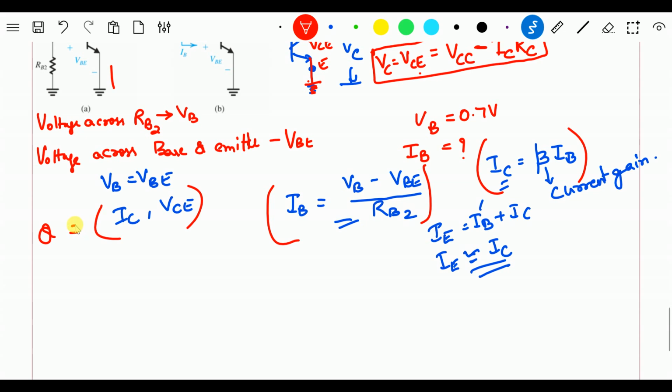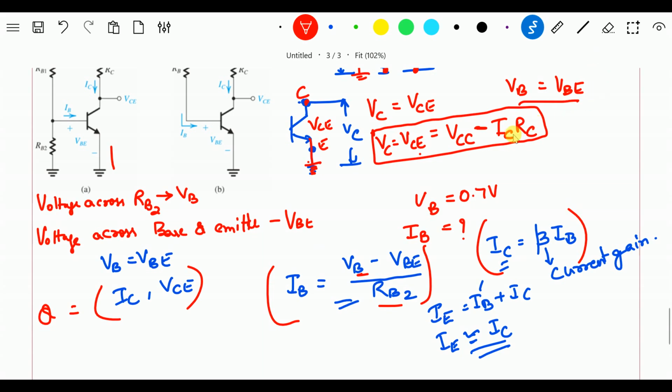Now, this is one type of biasing which is done to make VCE and IC completely dependent on the base voltage or the base resistance. VCE is completely dependent on RC, whereas VCC and IC are what we generate through the circuit, where RC is the external resistance which we are going to connect.